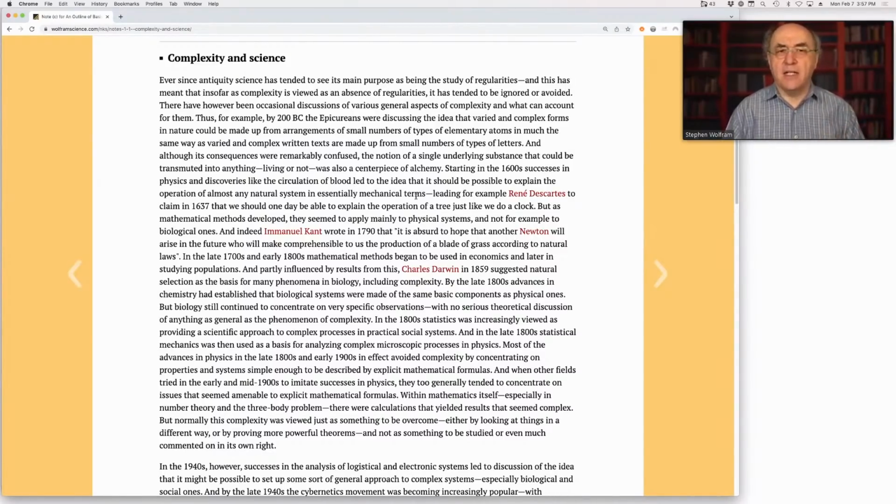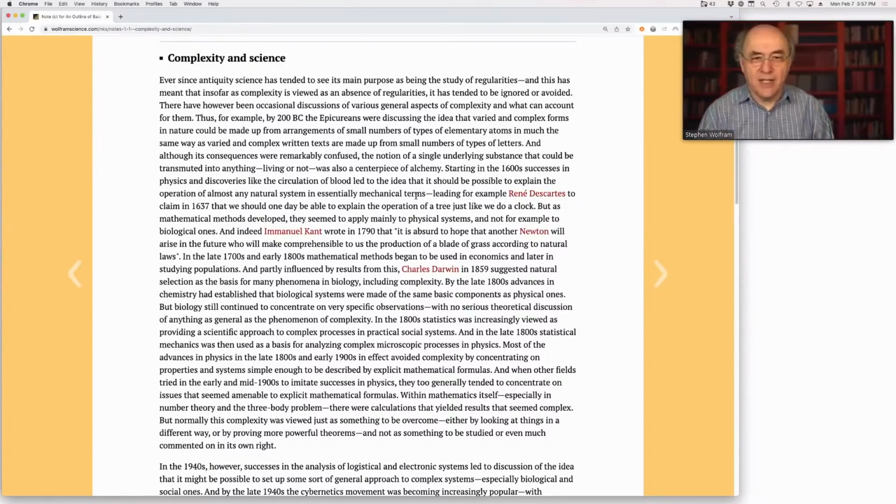And actually he talked, I think, about maybe in 100 years from that time, it would be possible to explain the operation of a tree just like we explain the operation of a clock. I think that seemed to work in physics, but it didn't work for actual trees in biology and so on.